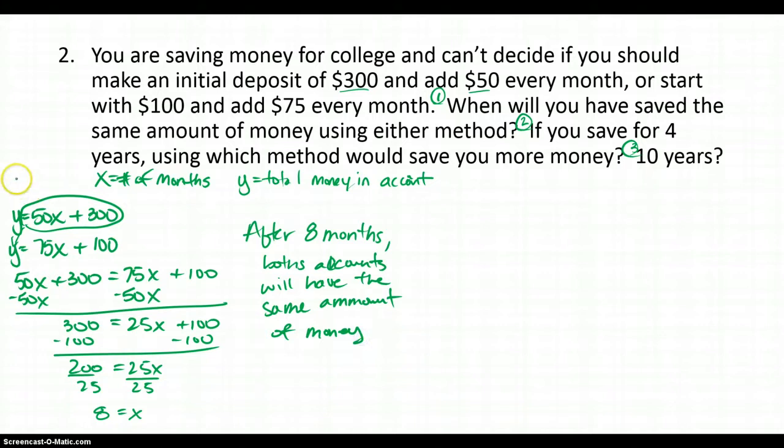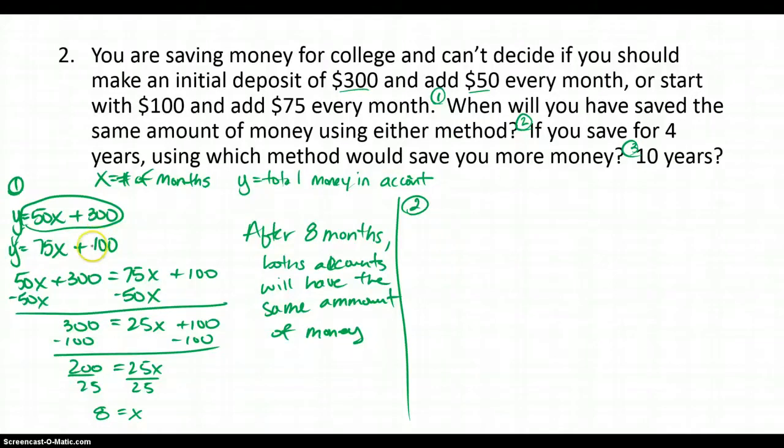Okay, so that was question 1. If I move on to question 2, which is if you save for 4 years, which method would save you more money? Okay.